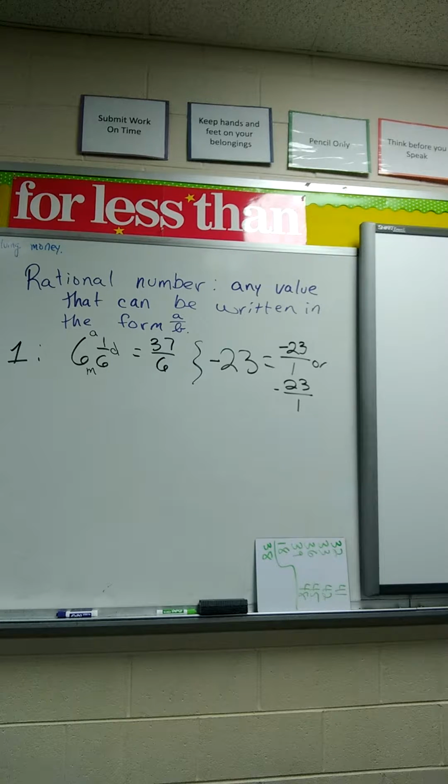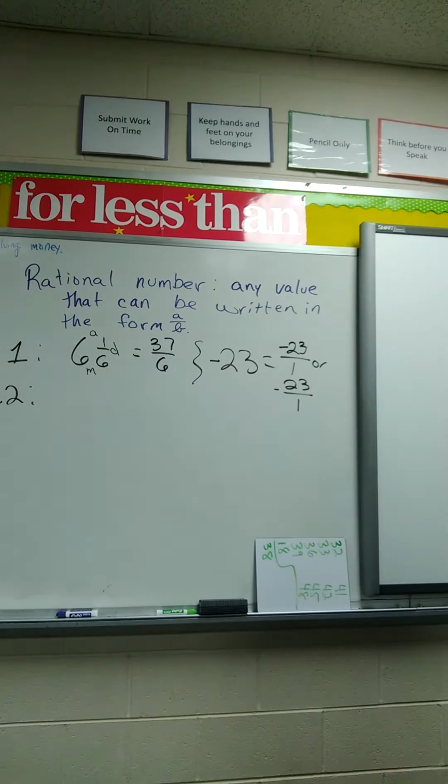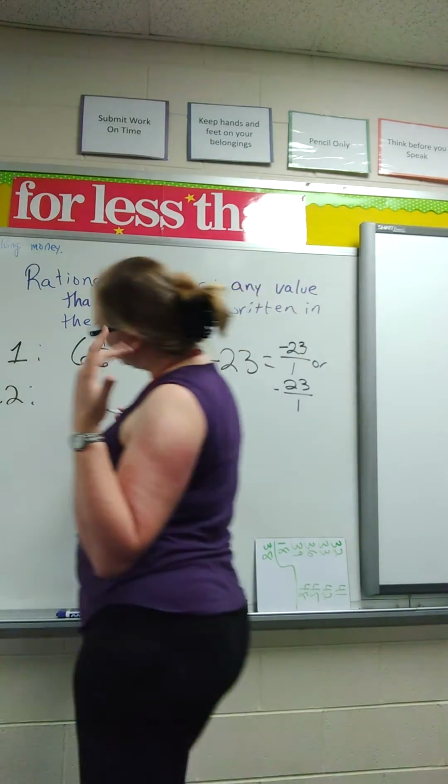Example 2. In example 2, we are asked to write 0.64 as a fraction in simplest form. Writing a decimal as a fraction sounds a lot harder than it is. Okay? What was my decimal again?